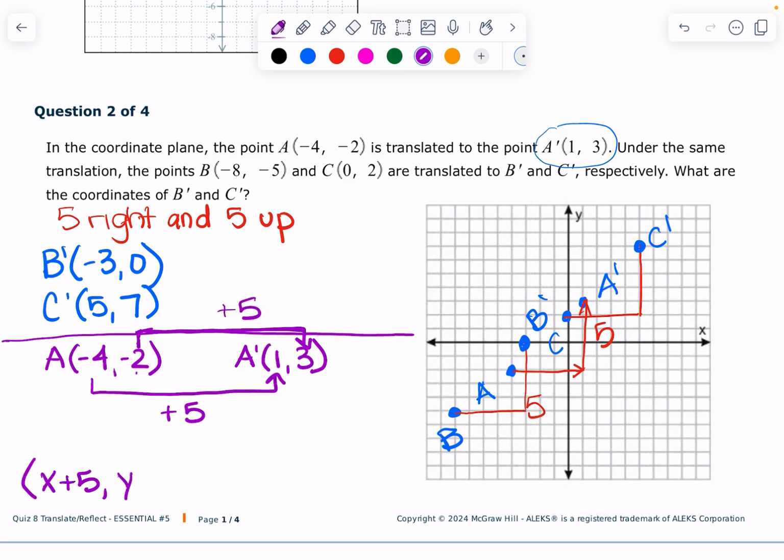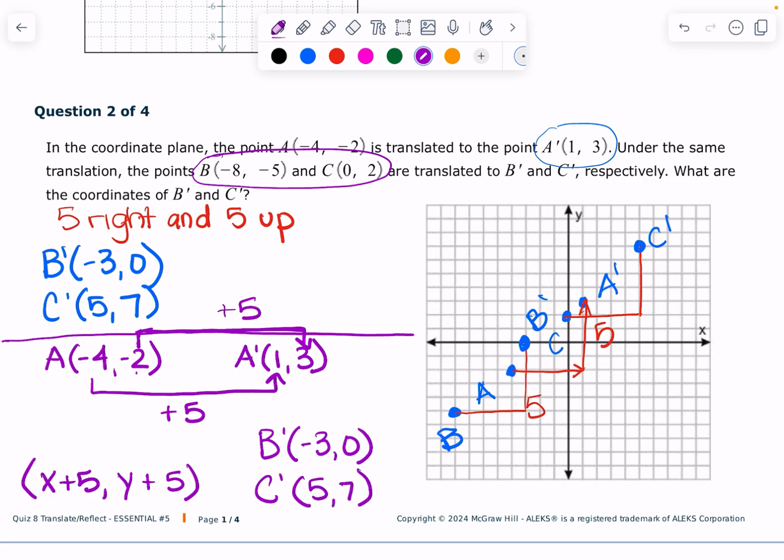So all my y's are adding 5. So if you go to these coordinates up here that they gave you for B and C, if you just add 5 to the x and add 5 to the y, then you're going to get your new coordinates. So that would be (-3, 0) for B prime, and C prime would be (5, 7). And that's what we got using the graph as well. So you can choose either way to do the problem.